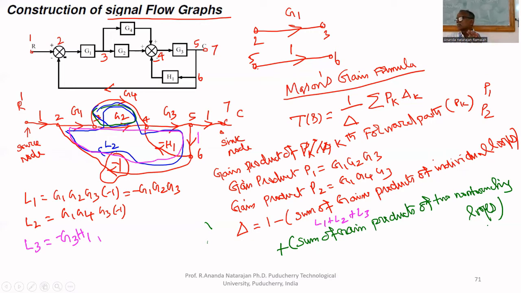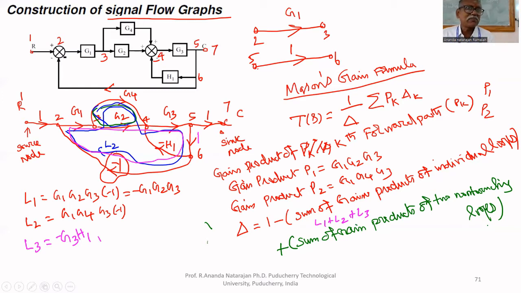How can we group this? If you group as 2 loops: L1, L2, L2, L3, and L1, L3. Only 3 possible combinations. If you check L1 and L2, they are touching each other. They are touching loops, not non-touching loops. The formula is sum of gain products of 2 non-touching loops, but they are touching.